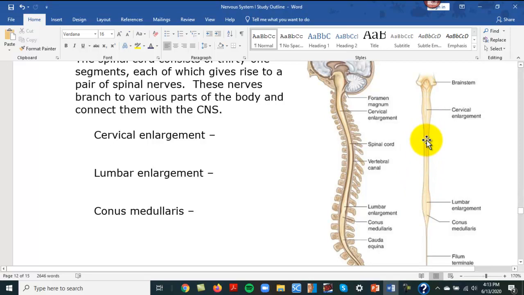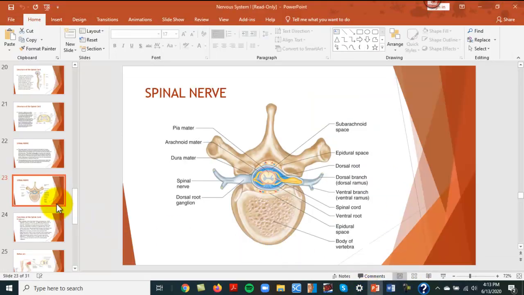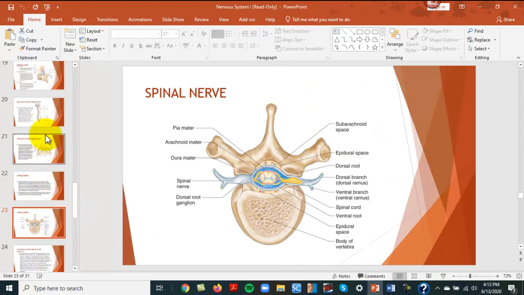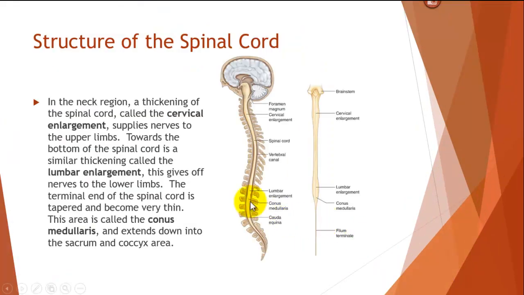It's supposed to be straight, but the cervical enlargement is up here. I know there's a blank there, but that's basically where the nerves for the upper body arise from. And I believe right there, I'm sorry about the small writing. Cervical enlargement supplies nerves to the upper limbs.